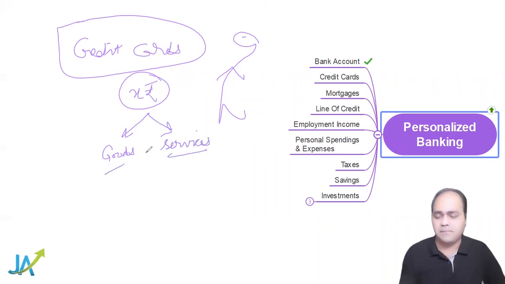It can be done online. You can visit a store and use the POS, point of sale, to do transactions and get the goods and services. The important point is you are simply holding that plastic card, not the actual money. With this, the user gets an easier option for making high-end purchases.